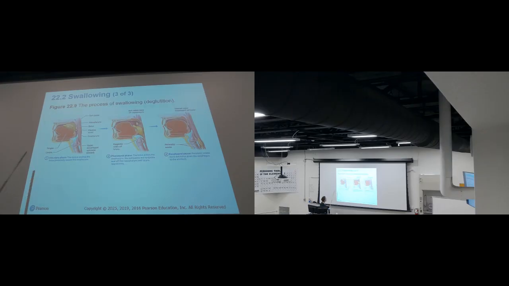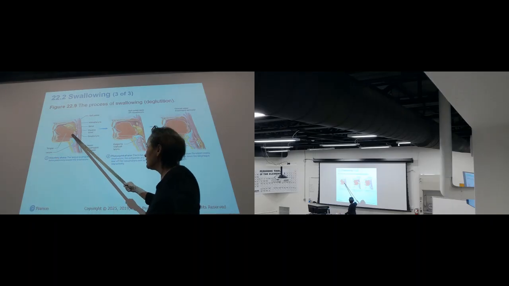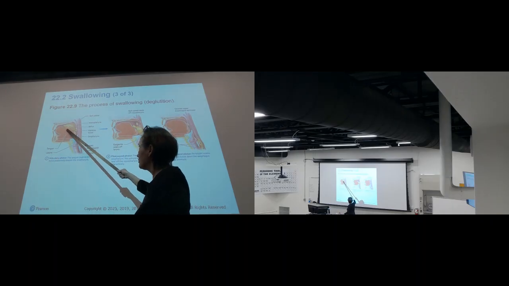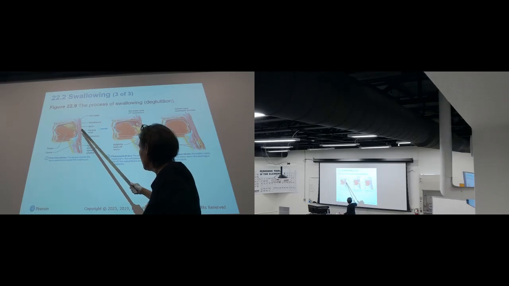So here are the phases for swallowing, or deglutition. In the voluntary phase, your tongue contracts and compresses the bolus of food, which is this, against the soft palate and the uvula. And then you will have this food passing from the oral cavity into the oropharynx.